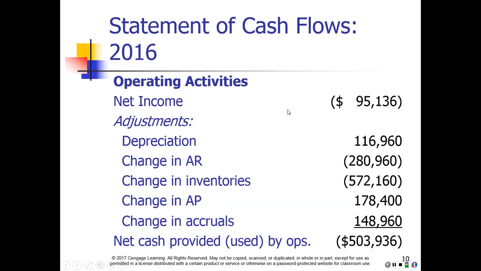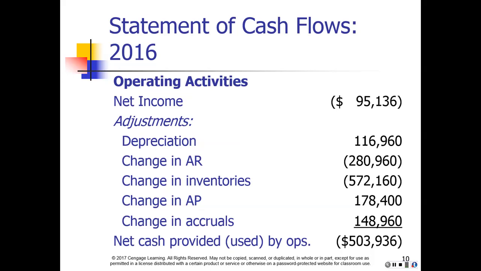But it doesn't reflect cash flows, right? Why? Because as we had seen, there was an accounts receivable balance, which meant all the revenues had not been received. There was an accounts payable balance, which meant that all the costs have not been paid out. And of course, there's depreciation, which actually is a non-cash item, right?